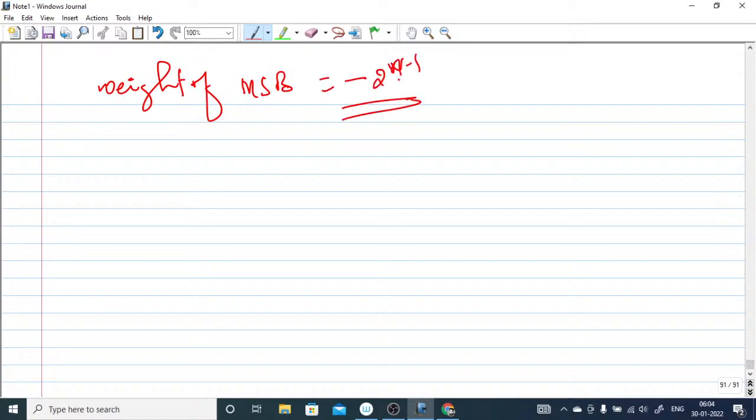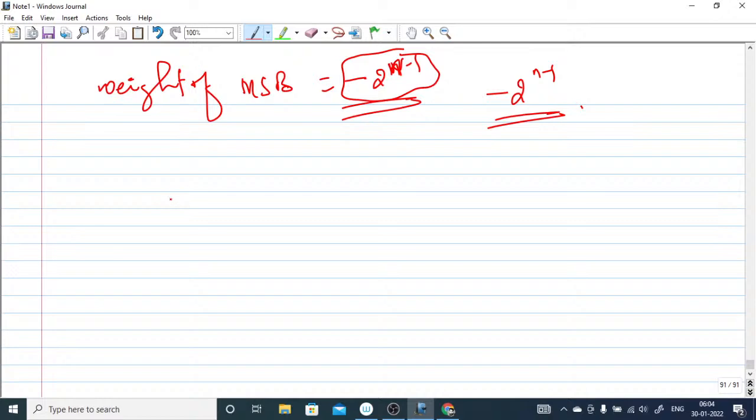The weight of MSB in case of 2's complement is minus 2 to the power n minus 1. You can see how many bits are there.